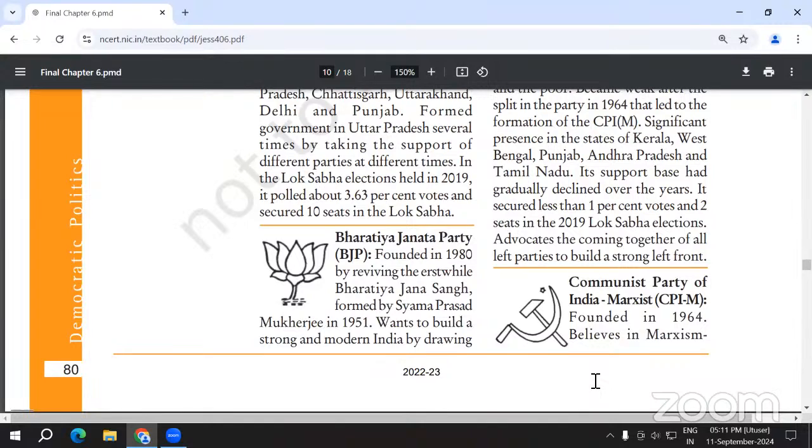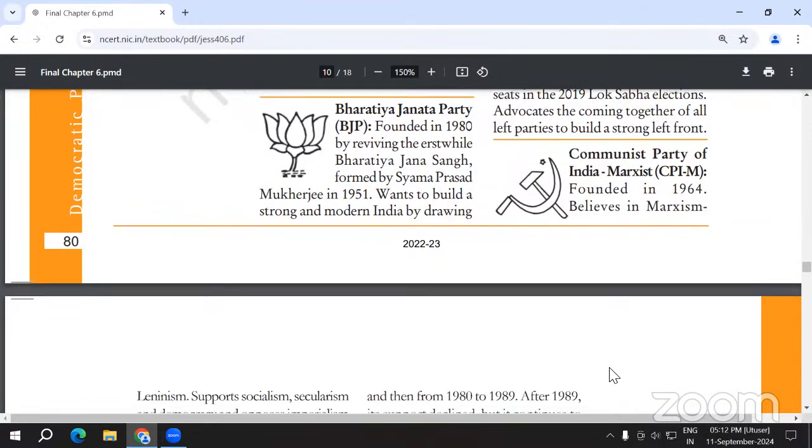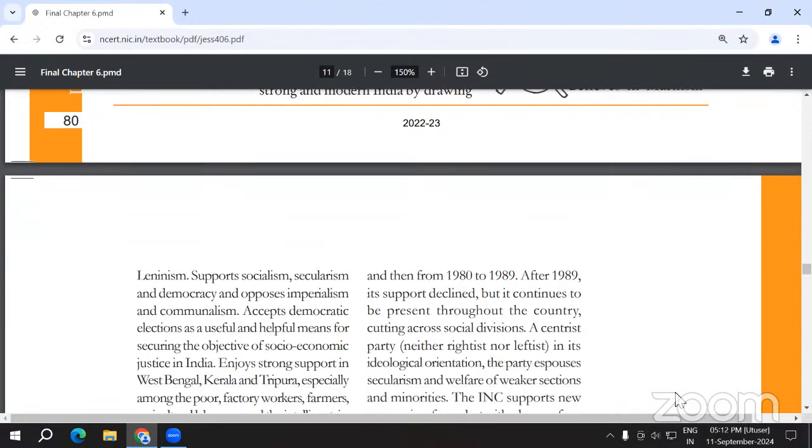Clear. See, in the Lok Sabha election of 2019, 1% vote only it got and only 2 seats. But still it was considered as a national party because of its support. Okay. Now, Communist Party of India, Marxist, it was founded in 1964, believes in Marxism, and then from 1980, sorry.